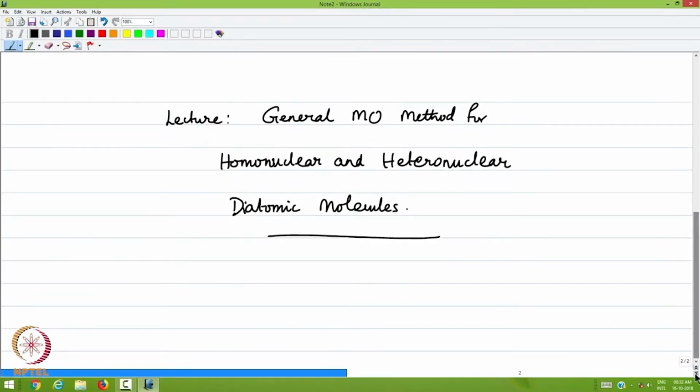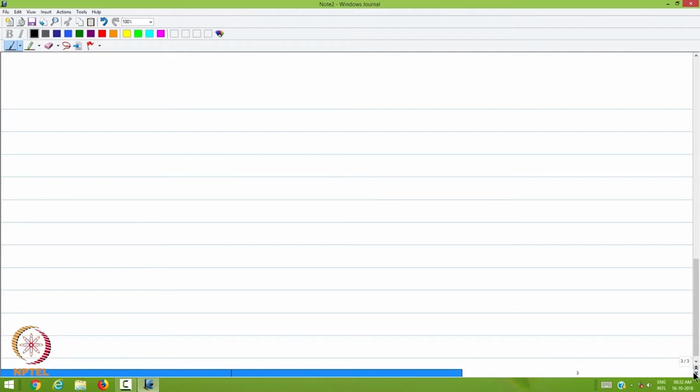Now, before we start, let us recap a little bit on the hydrogen molecule that we have studied so far. The molecular orbital for the hydrogen molecule is constructed using one of two methods, namely the molecular orbital method as a linear combination of atomic orbitals, or the valence bond method.